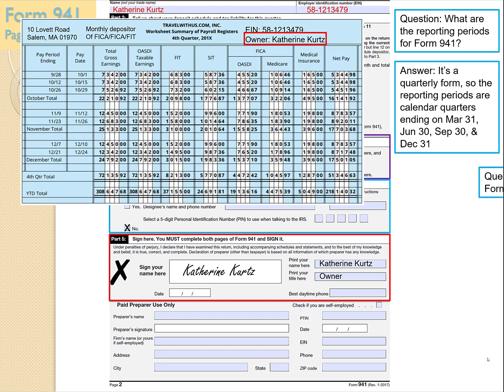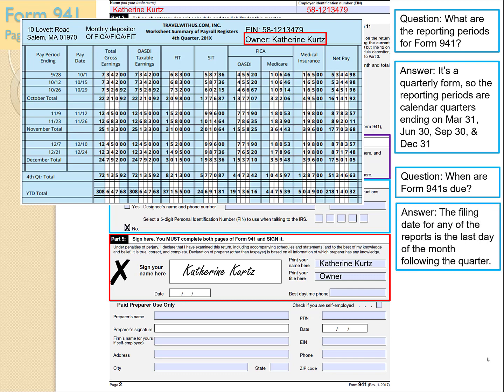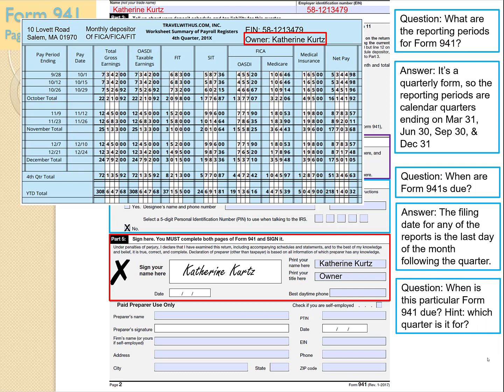Next question, when are Form 941s due? If they're quarterly, when are they due? The filing date for any of the reports is the last day of the month following the quarter. So when is this particular Form 941 due? Which quarter is it for? Well, it's for the fourth quarter, if you remember. That's why the worksheet summary of payroll registers is for the fourth quarter.